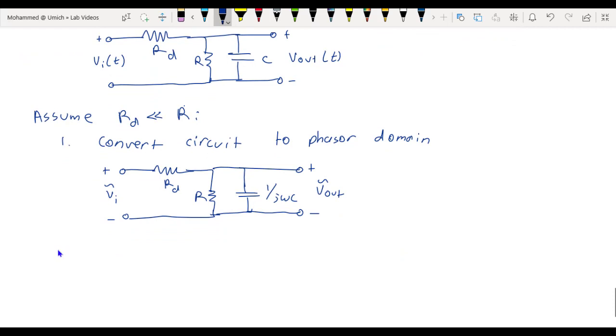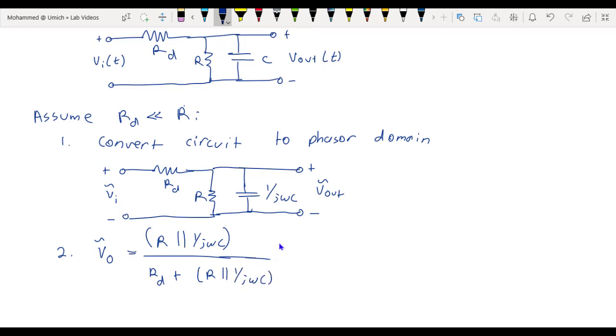Second, I'm going to use voltage division to relate the output voltage phasor to the input voltage phasor. So we have V_out phasor using voltage division equals this impedance, which is R in parallel with 1 over j omega C, over the total impedance, which is R_D plus R in parallel with 1 over j omega C, times the input voltage phasor, V_in phasor.